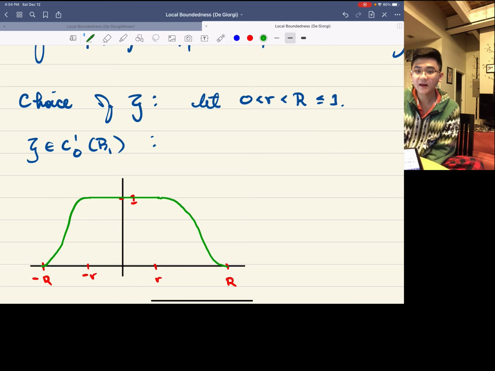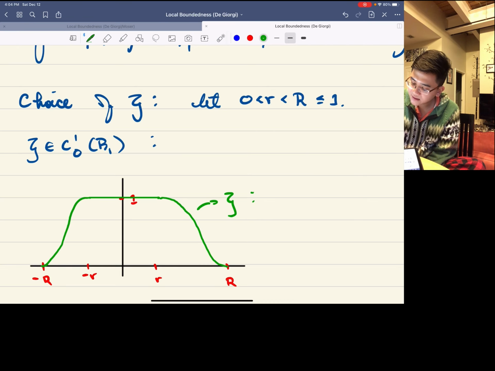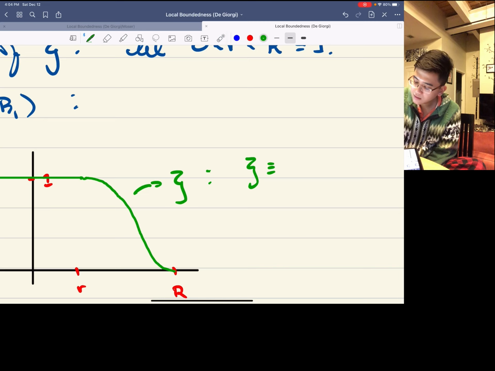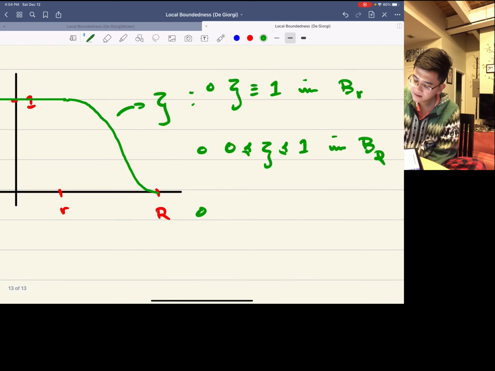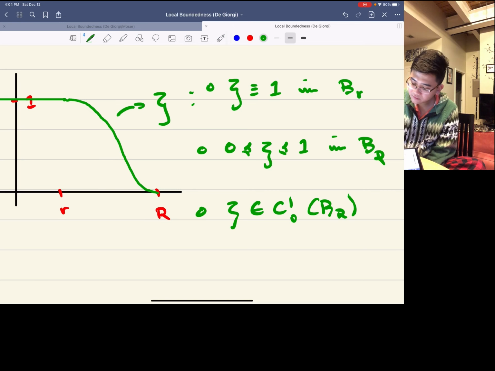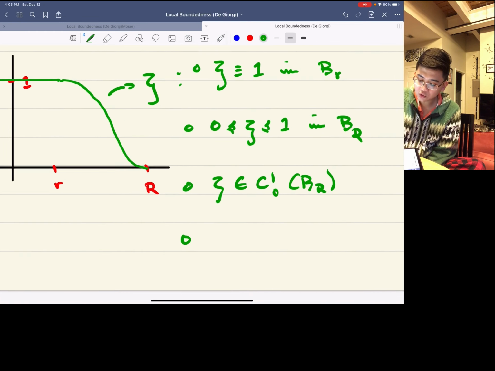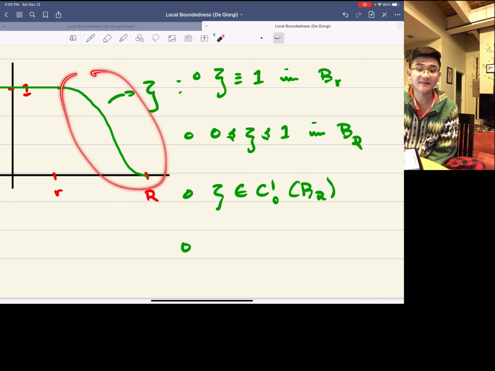Now, it's going to decay in such a way that it's still going to be in C1. So zeta is 1 in B_r, between 0 and 1 in B_R, and zeta is in C10 of B_R. Moreover, we want a control on the steepness.